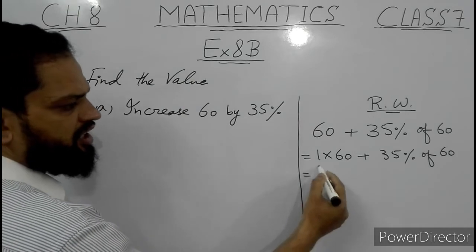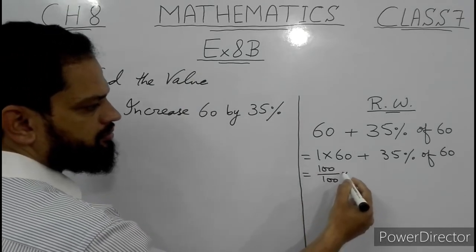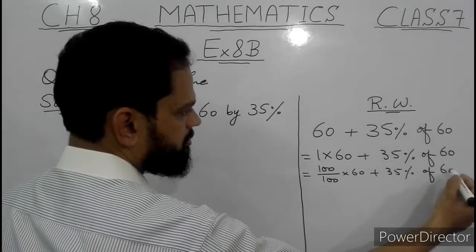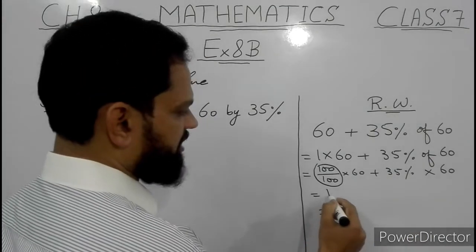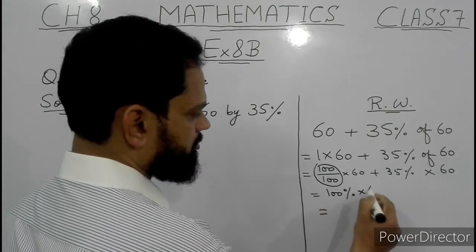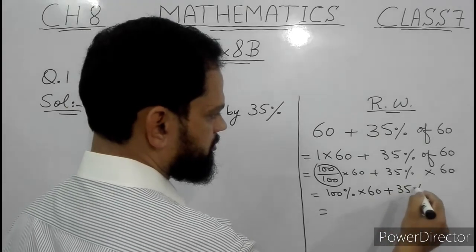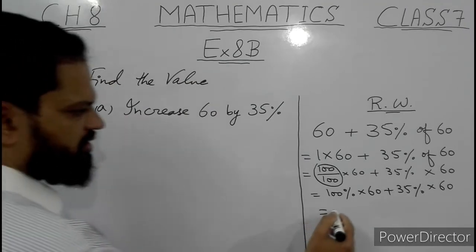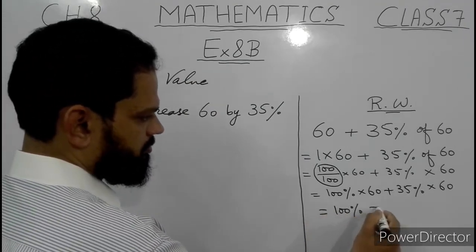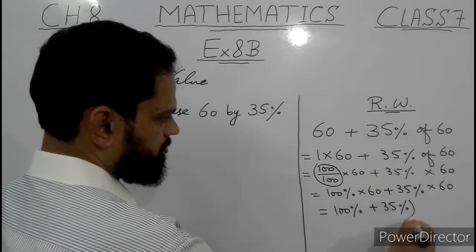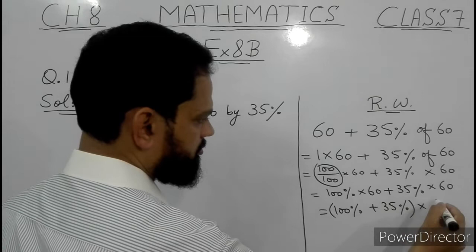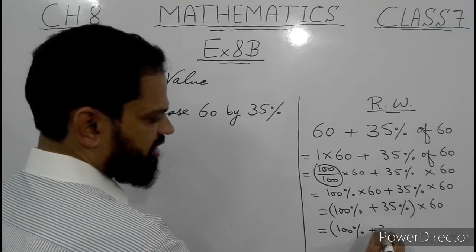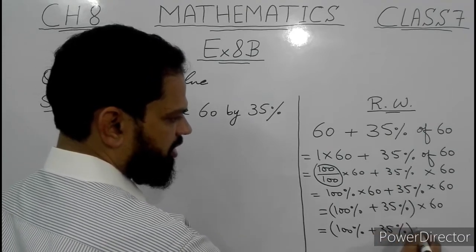One can be written as 100 over 100, and 100 over 100 can be written as 100%. Now by taking common 60 from both the terms, it will become 100% plus 35% of 60.